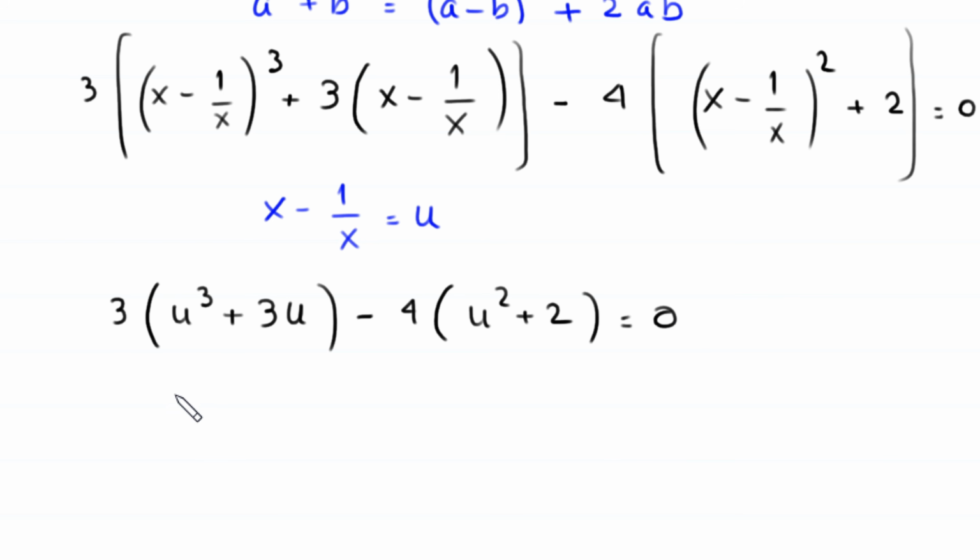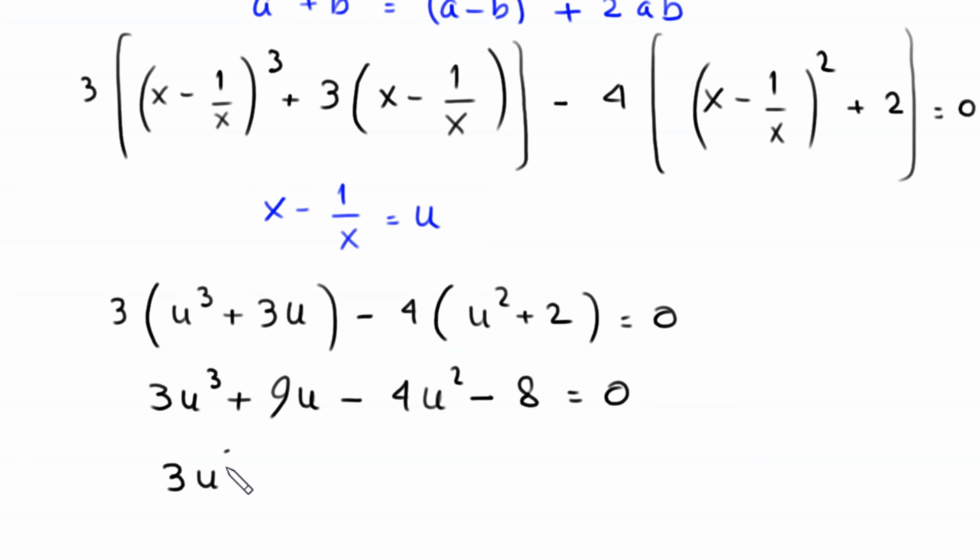Distribute this 3, this will become 3 times u cubed, and 3 times 3u will become plus 9 times u, negative 4 times u squared, negative 4 times 2, negative 8 equal to 0. Rearrange these terms, this will become 3 times u cubed minus 4u squared plus 9 times u minus 8 equal to 0.